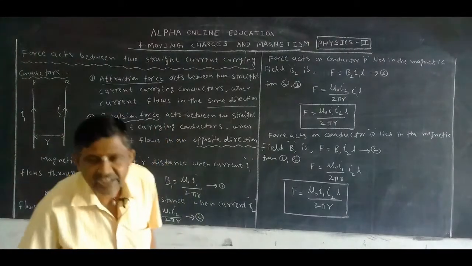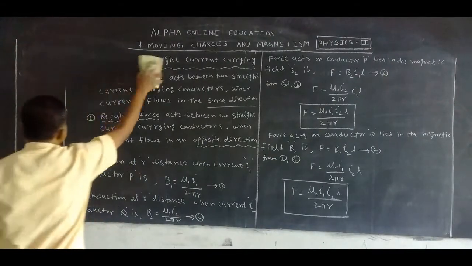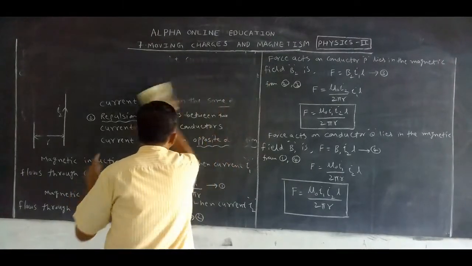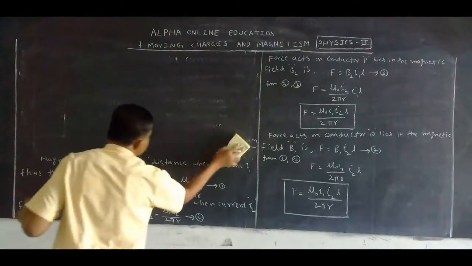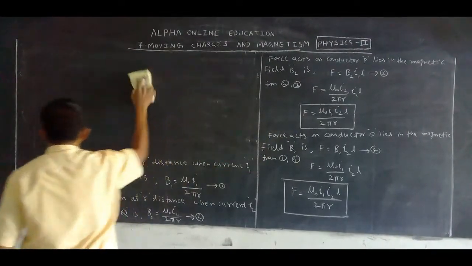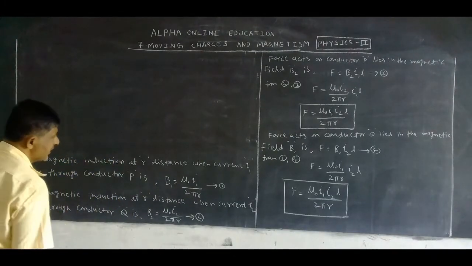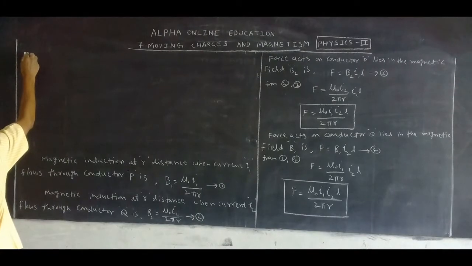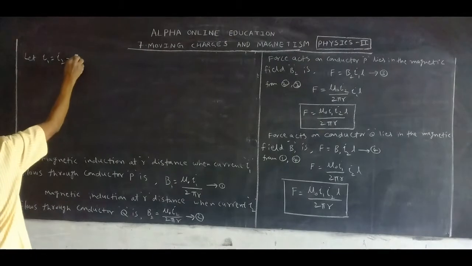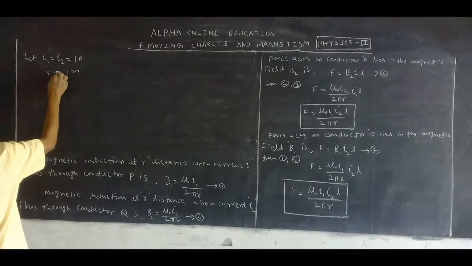From this equation we get the definition of ampere. Let us see how we can define the ampere. What is ampere? Ampere is the unit of current. Now let I1 is equal to I2 is equal to 1 ampere, r is equal to 1 meter.